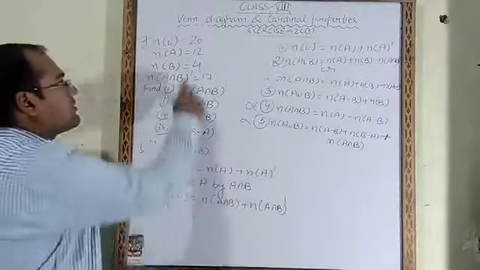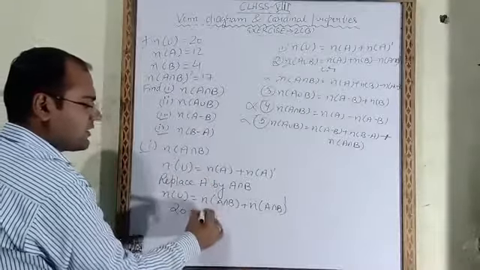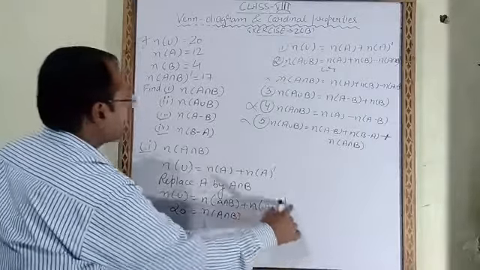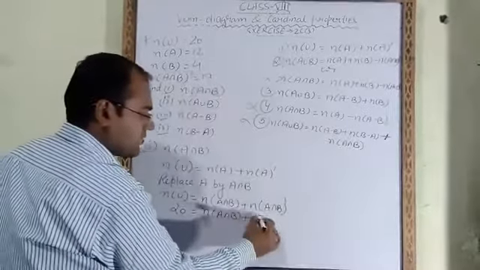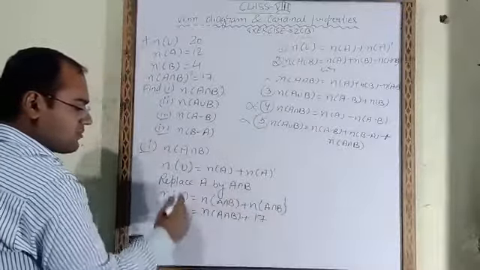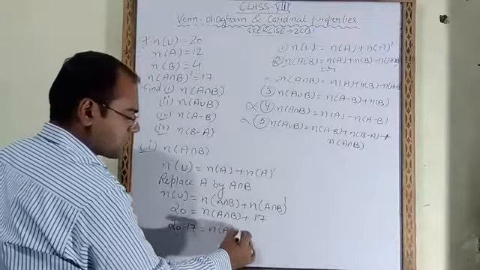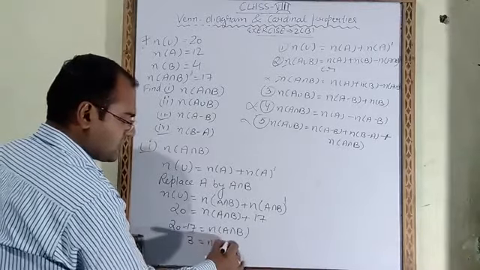Now n(universal) is 20. This value we have to find, so we will write as it is. n(A intersection B complement), it is given. n(A intersection B complement) is 17. So we will put here 17. Now plus 17 will come on left side. 20 minus 17 is equal to n(A intersection B). So final answer is 3.